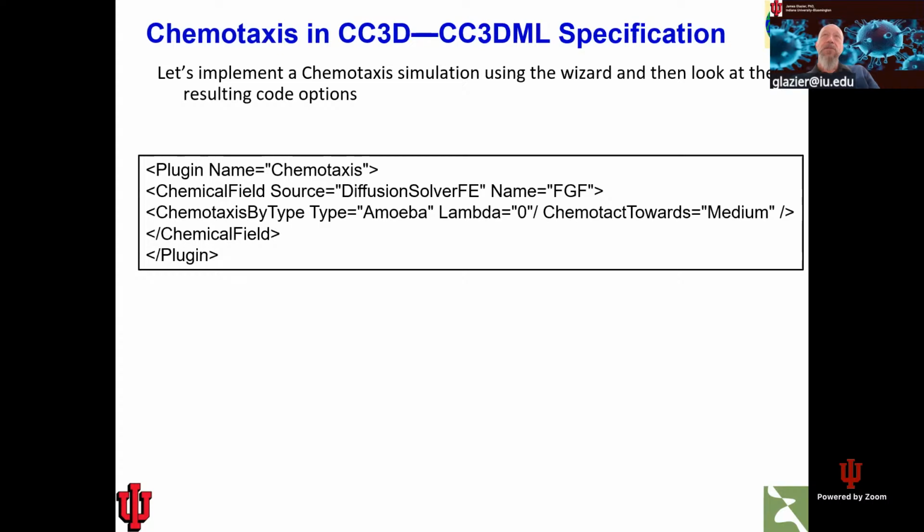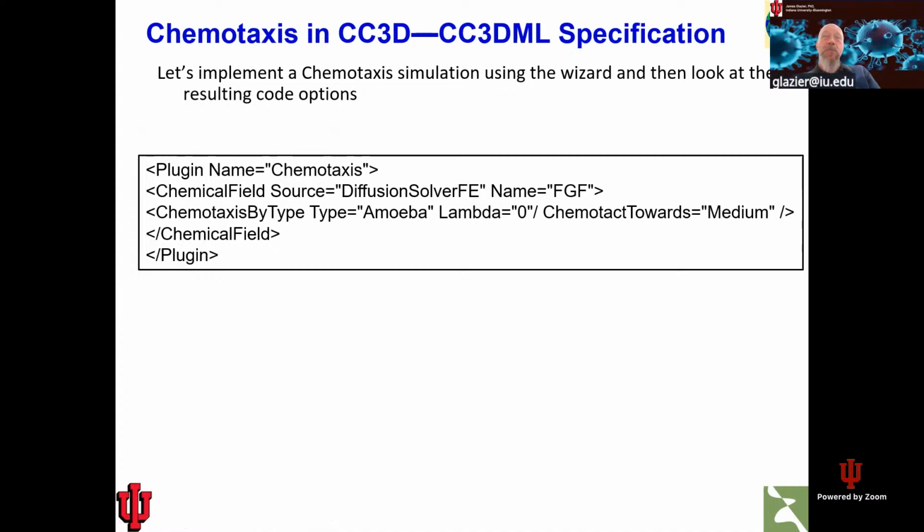All right. So now let's actually look at the chemotaxis plugin. As usual, we have the choice of specifying things in XML or in Python. There'll be a plugin called Chemotaxis. We have to say what the chemical field is that we're responding to.